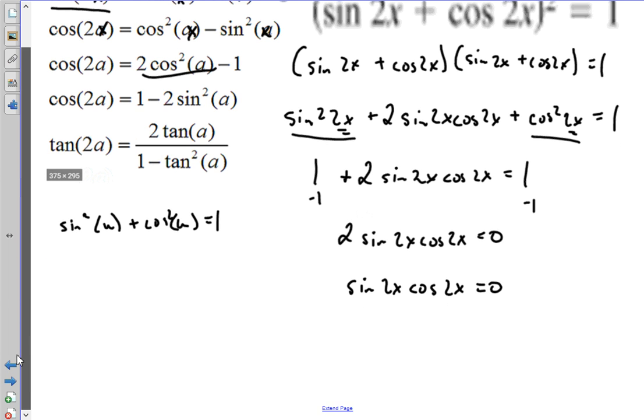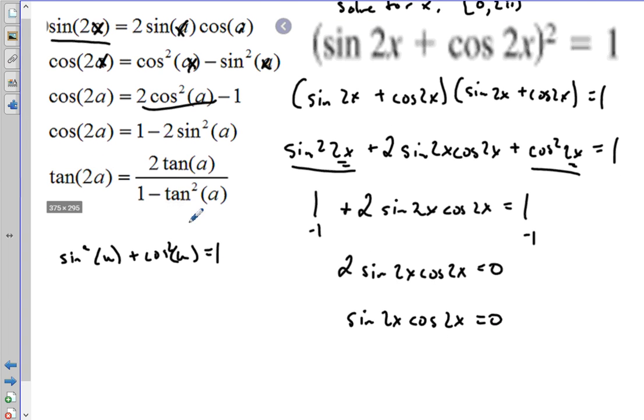And now we're going to use one of our identities to help us figure this out. Right here, I think I'm going to go with 2 sine x cosine x, and we're going to substitute that in for this portion. So we're going to have 2 sine of x cosine of x. And then we're going to take this portion, I'll make this in green, and plug one of these values in here.